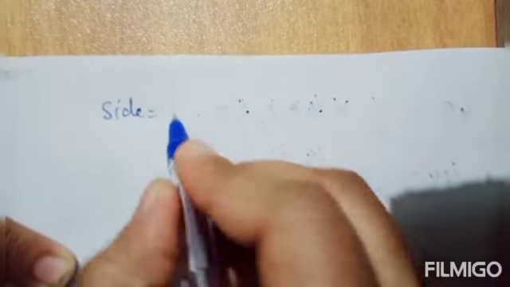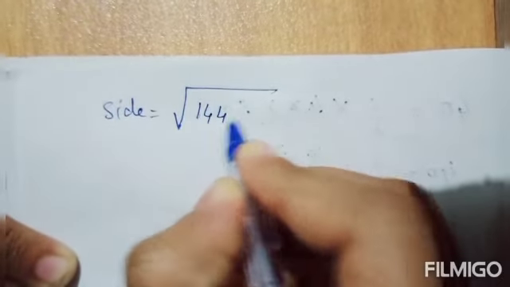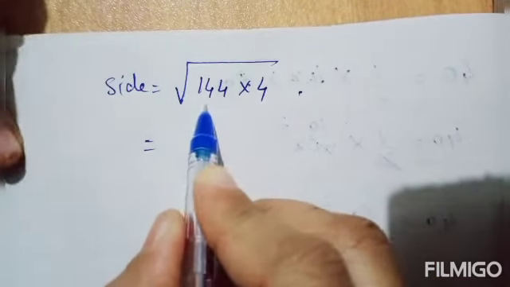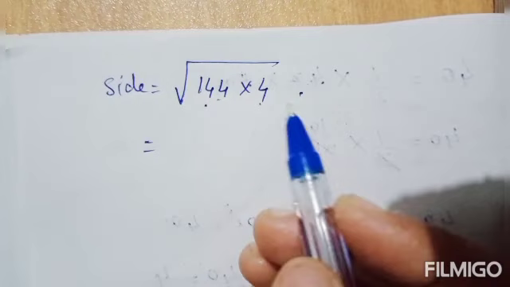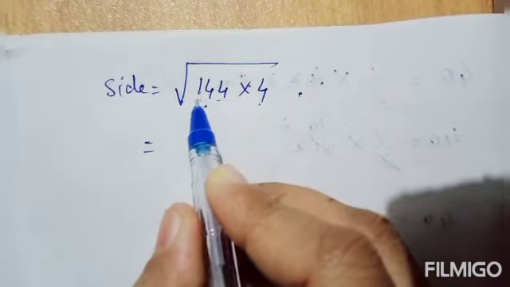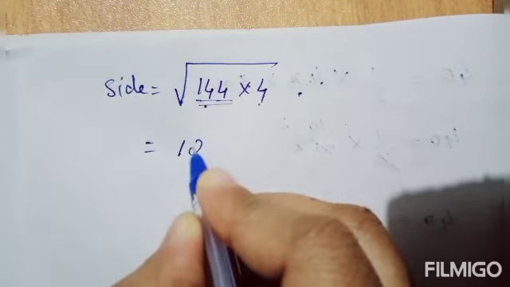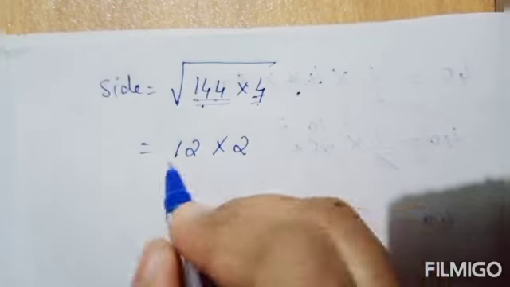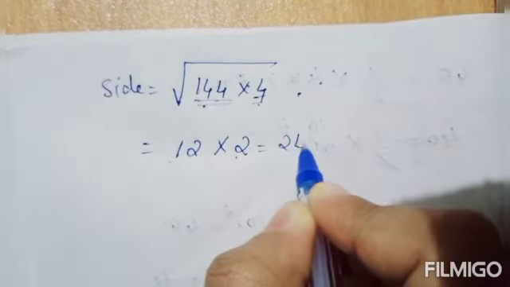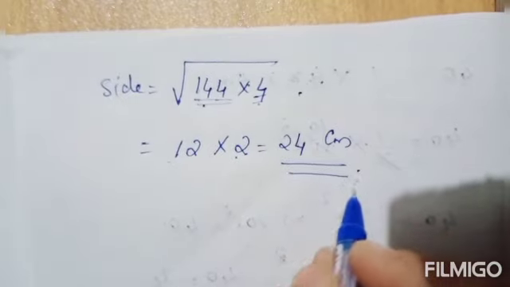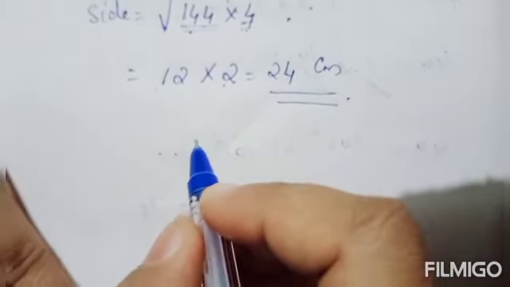Now here 144 and 4 are both perfect squares, both have square roots. Root of 144 is 12, into root of 4 which is 2. So 12 into 2, 24 centimeter. This is the side of the equilateral triangle.